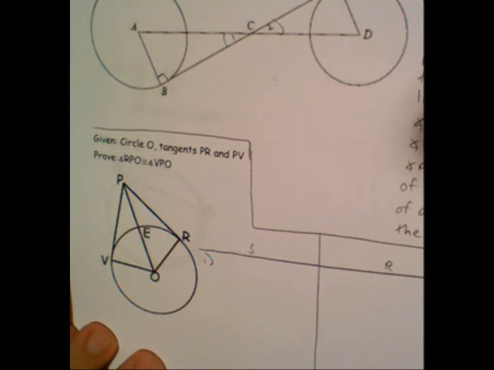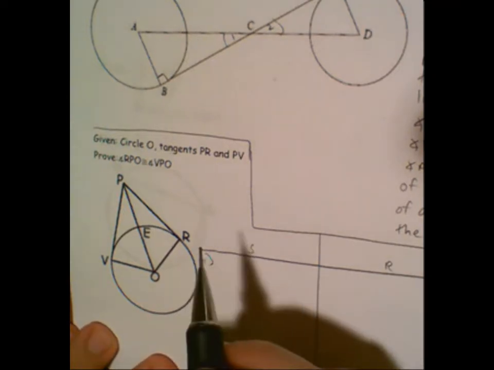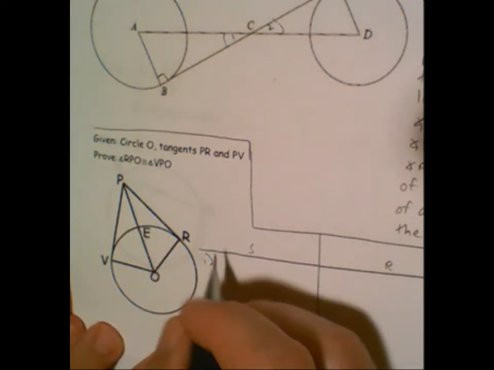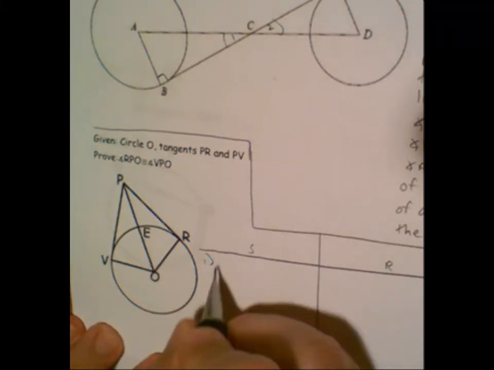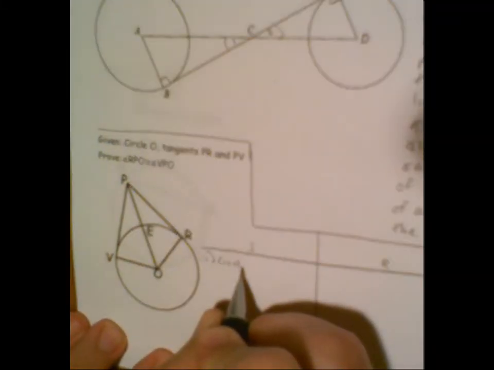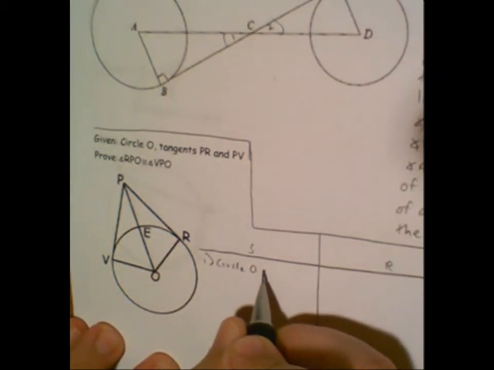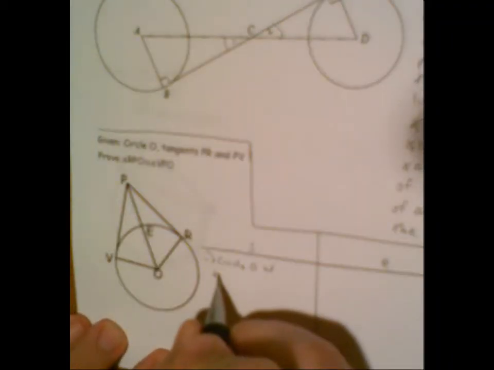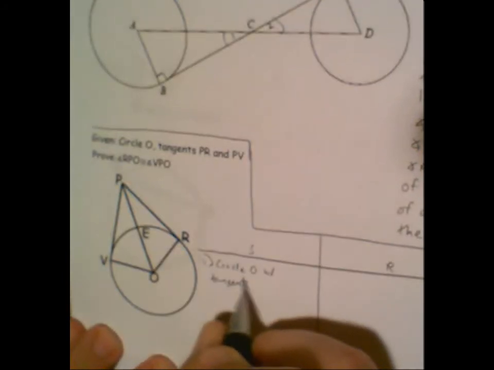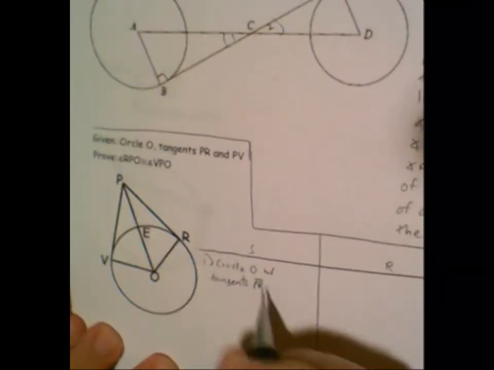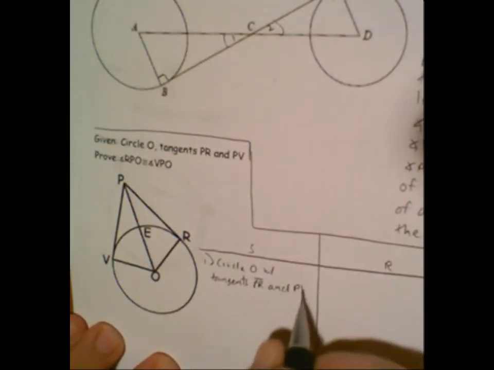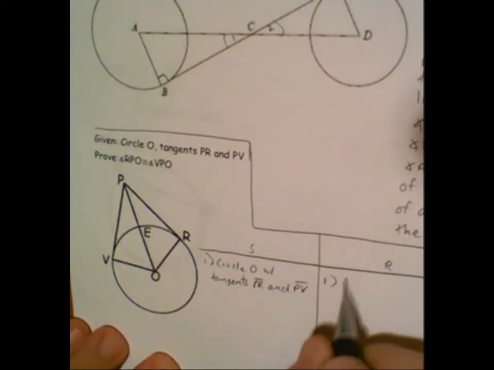If two tangents are drawn to a circle from the same point, we know they're congruent. We're going to get to that in a minute. But anyway, so I have to write the givens. Circle O with tangents PR and PV. And that is given.